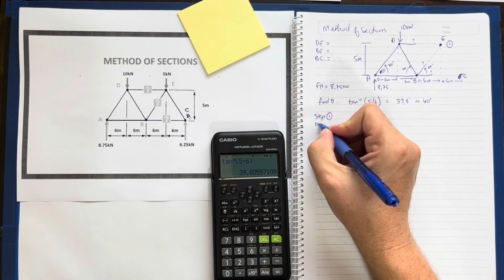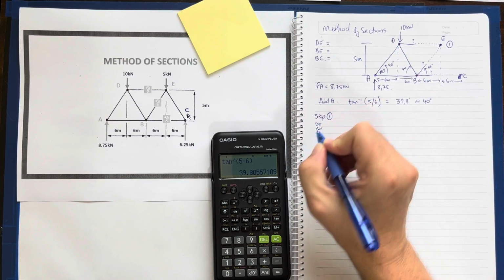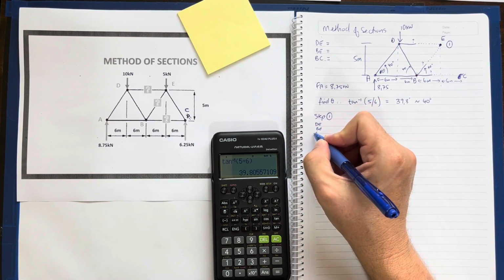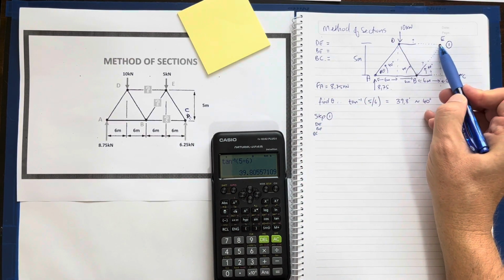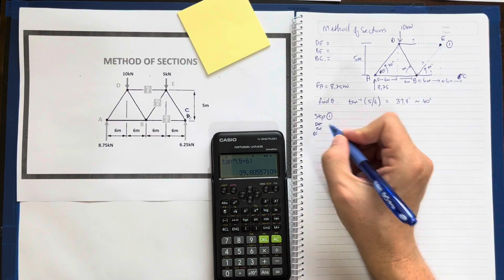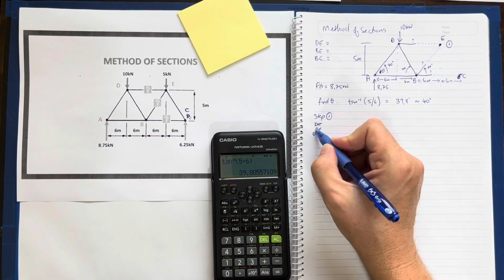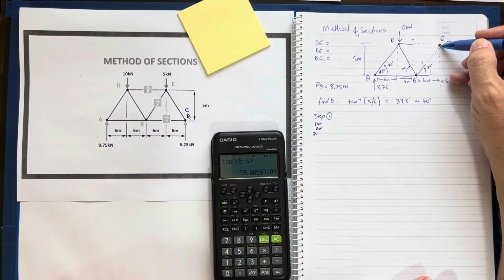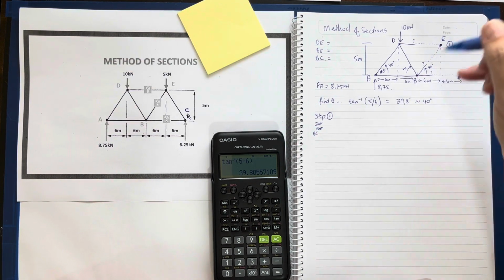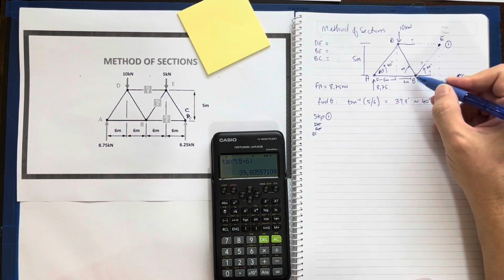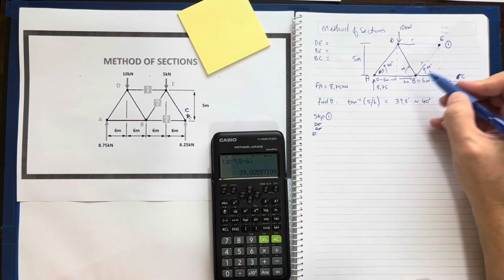I'm going to put DE, I've got BE, and I've got BC. When DE touches that joint, it is effectively cancelled out, and BE is also cancelled out because it is not going to be at 90 degrees to what I'm trying to solve here. But BC is not connected, it's not touching that joint at all.